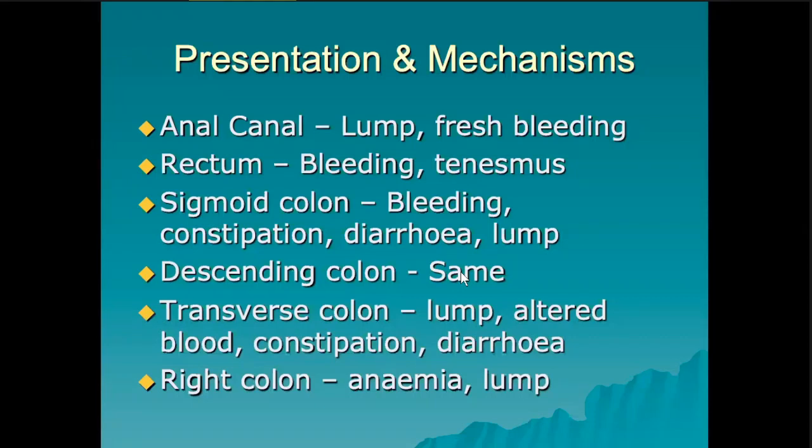The upper part of the anal canal is more like an adenocarcinoma. The lower part of the anal canal will be a squamous cell carcinoma. And these can present like warts or lumps at the anus, and there can also be associated fresh bleeding from them. So anal carcinoma is a different entity and it's very rare compared to colorectal carcinoma.